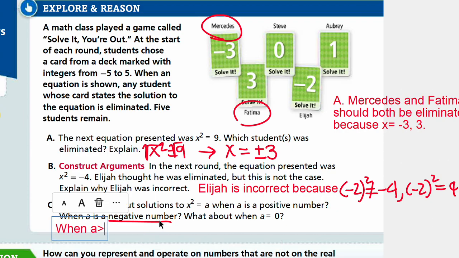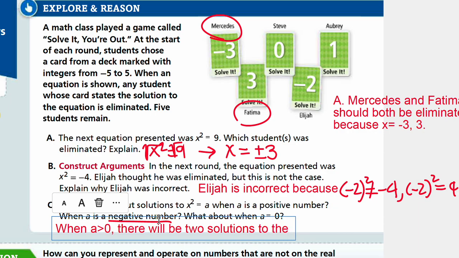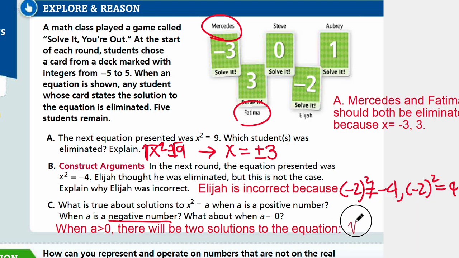When a is greater than 0, which is positive, there will be 2 solutions to the equation, which is going to be positive square root of a and negative square root of a.